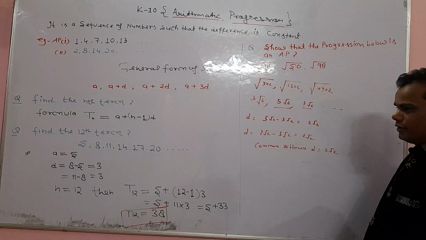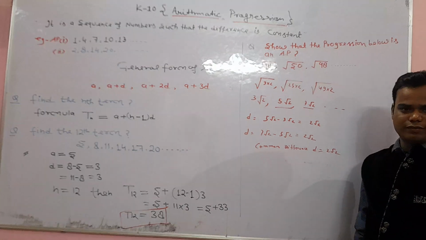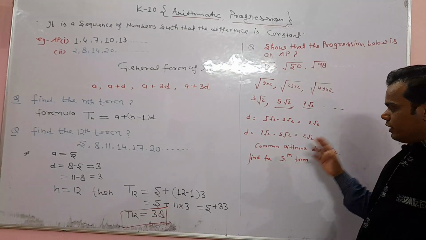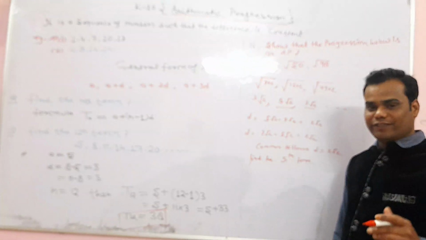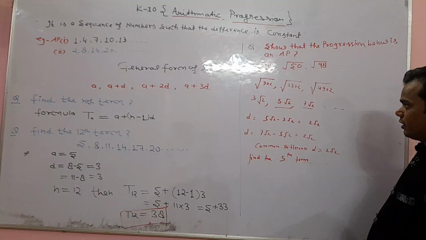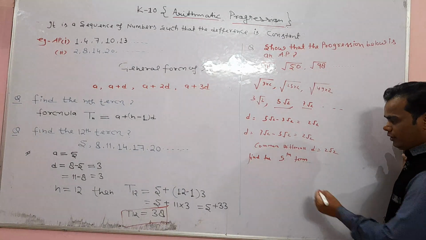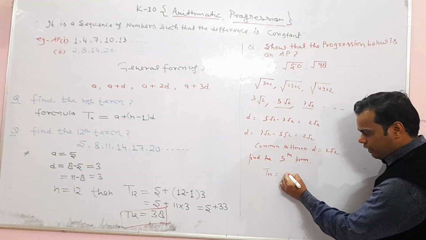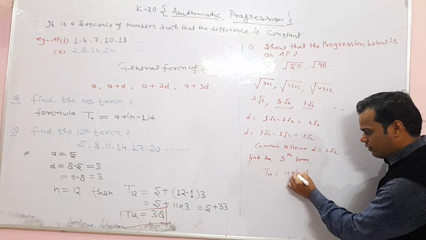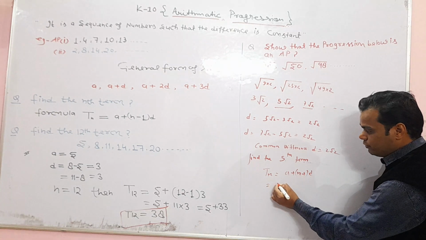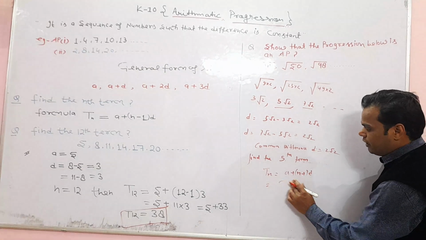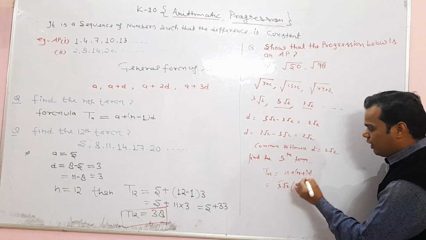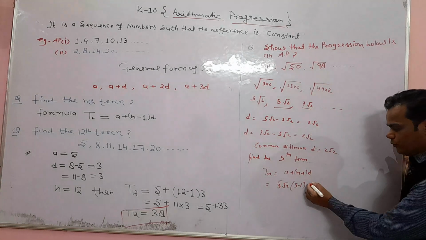And secondly, the next example. Next, find the fifth term in this given AP. For the fifth term, use the formula Tn equals a plus n minus 1 into d. Here a is 3 root 2, n is 5 minus 1, and the common difference d is 2 root 2.